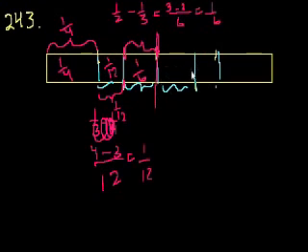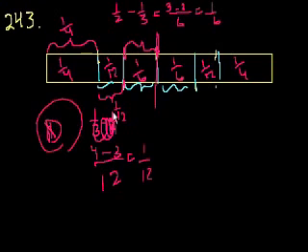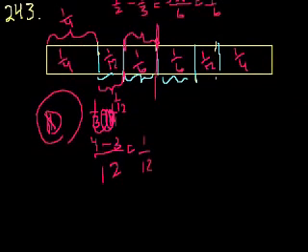And then you could just say, oh, well, it's going to happen the same thing on the other side. This is 1/6, 1/12, and then this is 1/4. And so 1/6, 1/12, and 1/4, that is choice D. Those are the different piece sizes we have. D. Problem 245.